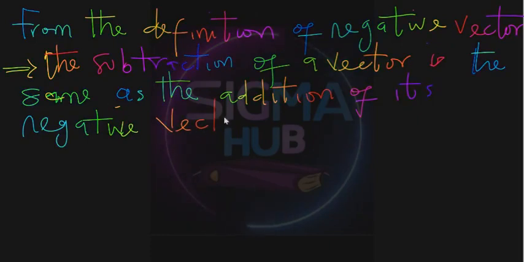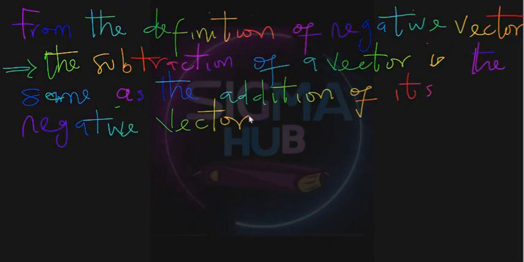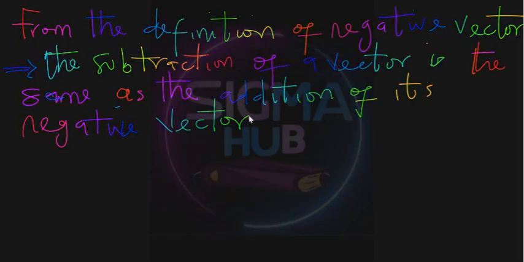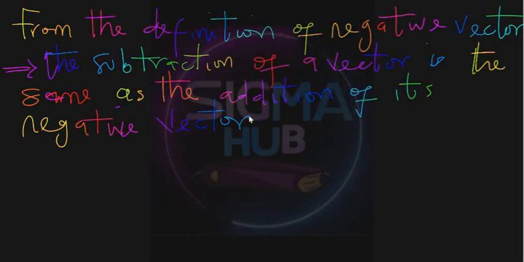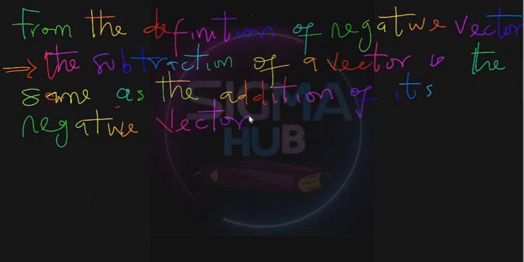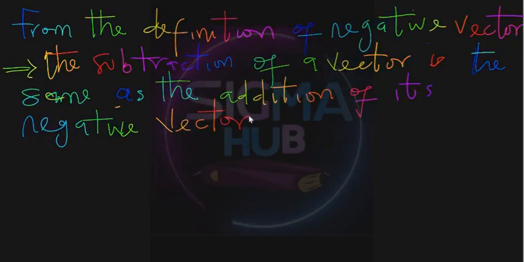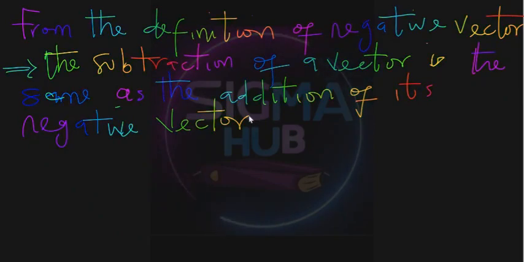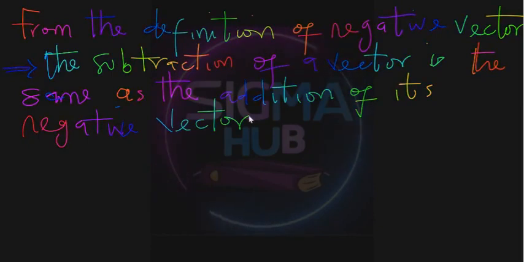I'm going to illustrate this very soon. So the subtraction of a vector is the same as you adding its negative vector, according to the definition of negative vector.